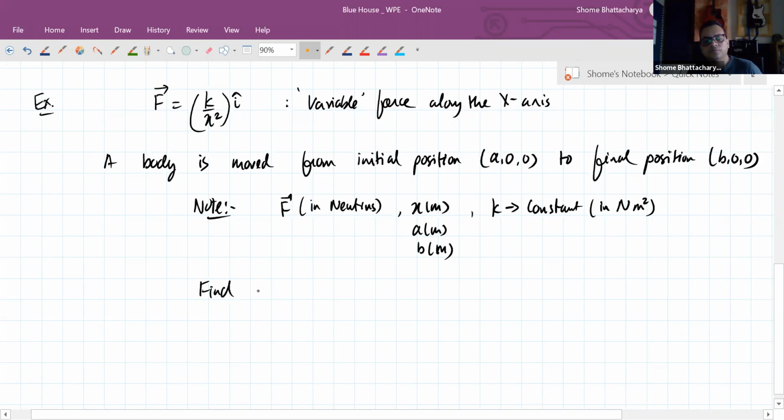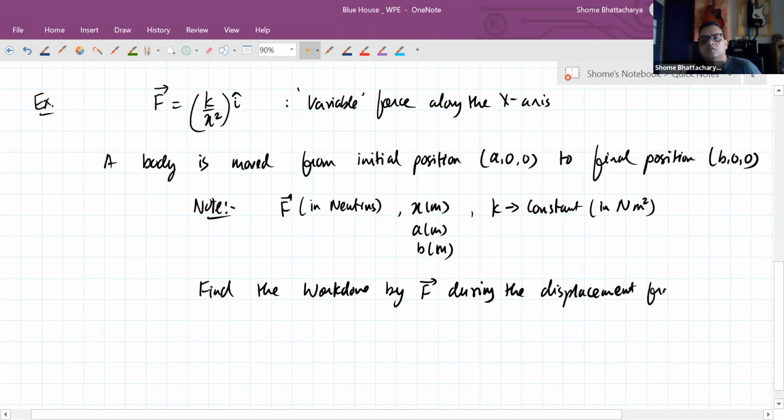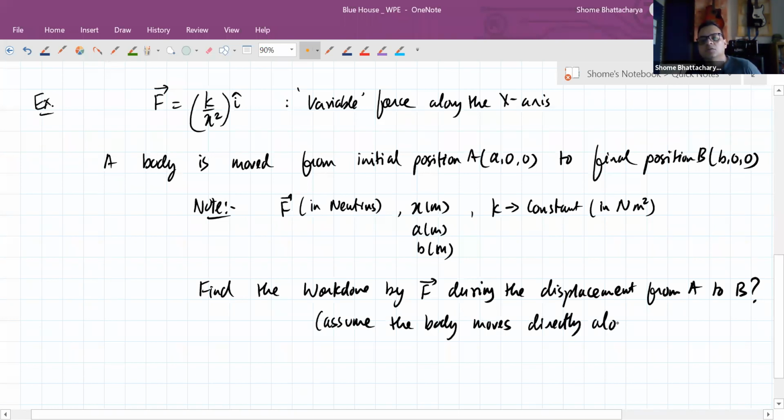Now we want to find the work done by F during the displacement from A to B. Assume the body moves directly along the positive x-axis.